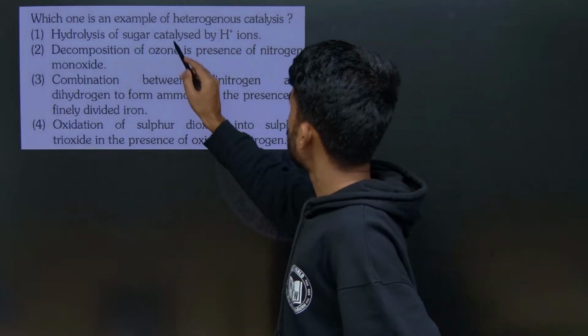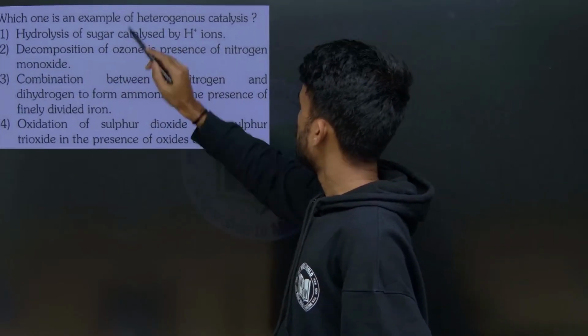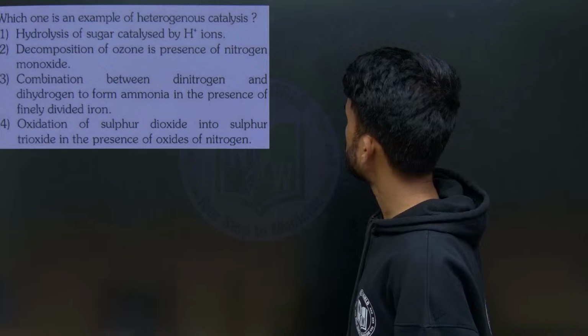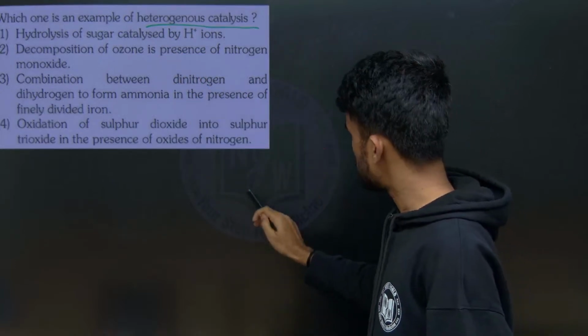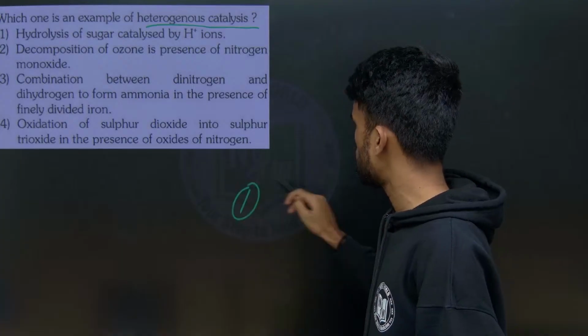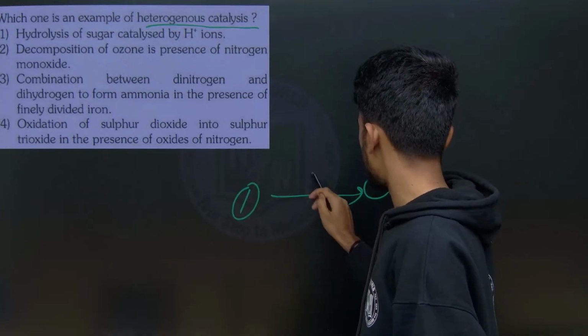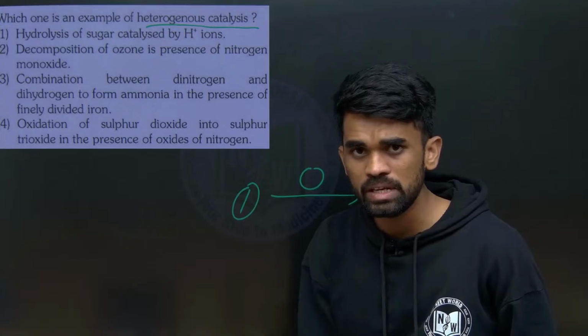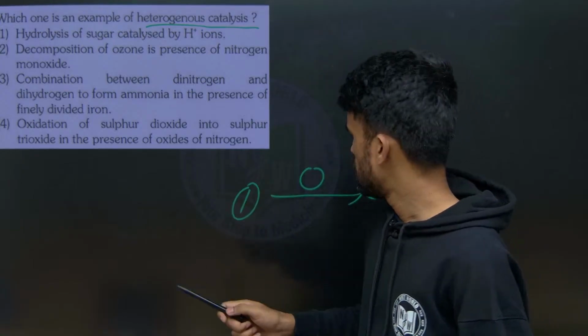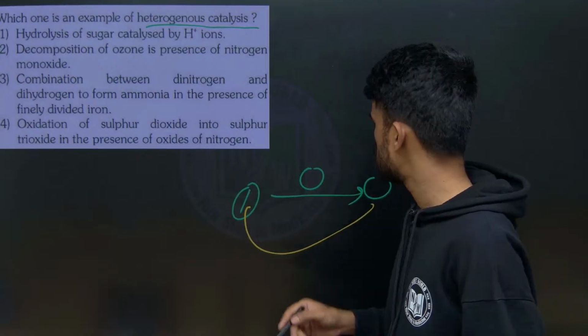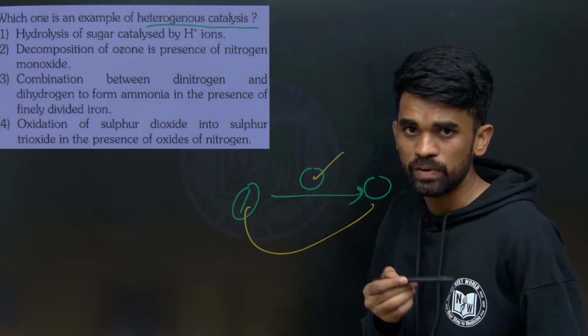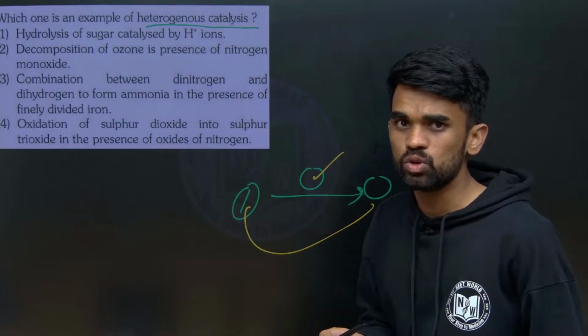Then next, which of the following is an example of heterogeneous catalysis? Heterogeneous catalysis means the substrate, product and the catalyst we are using have different phases. If the substrate and product are in the gas phase and the catalyst is in the solid phase, we can say that is heterogeneous catalysis.